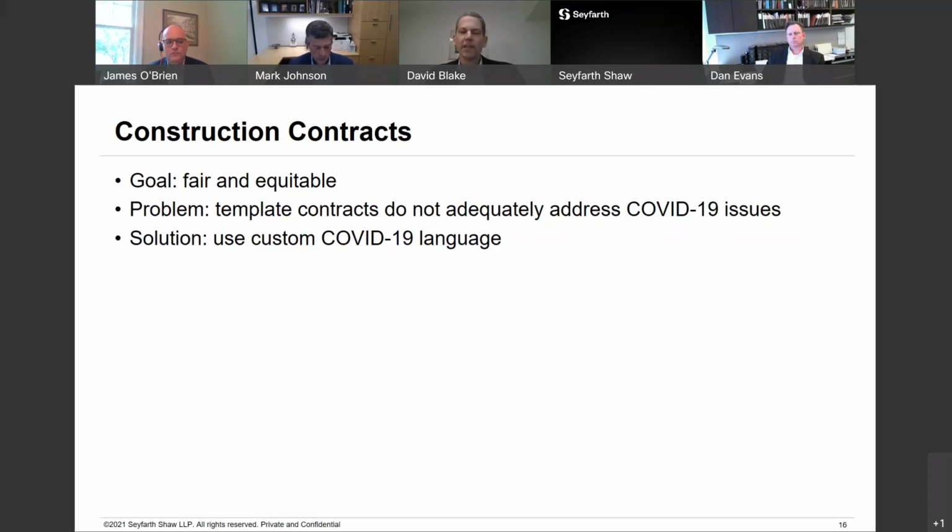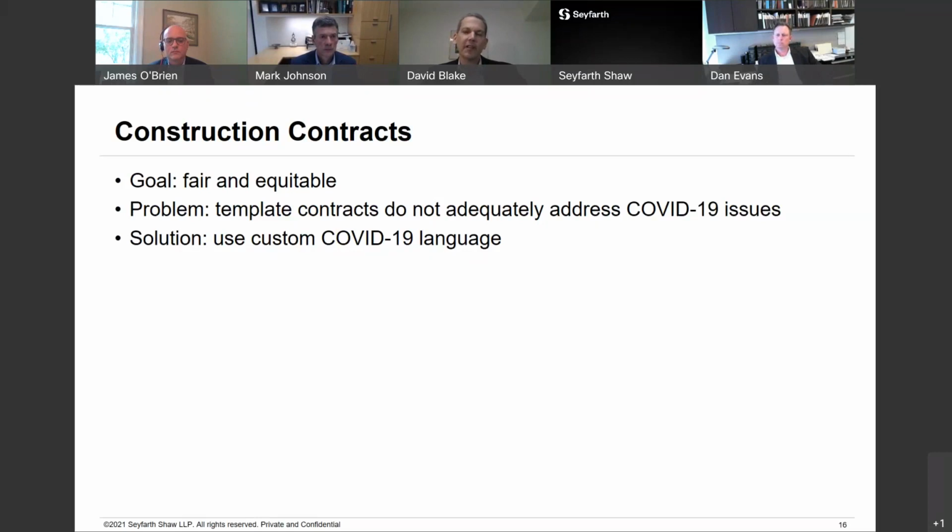The problem I've seen in the last 18 months is that we're often using template contracts and they just don't adequately address the risks and responsibilities around COVID-19. The solution that I've come up with is to prepare a set of COVID-19 clauses that I put into the construction contract.